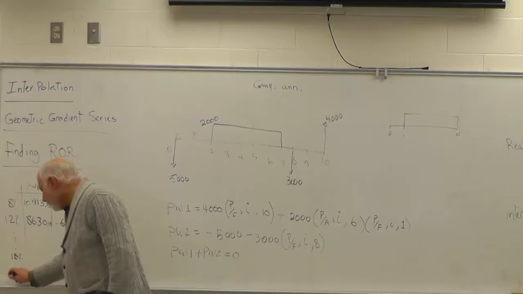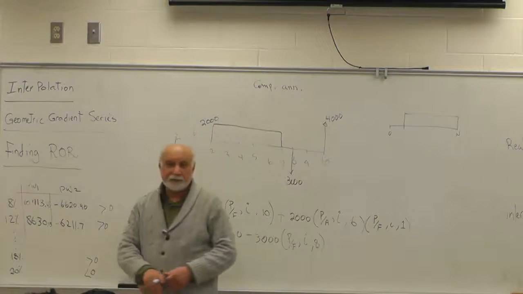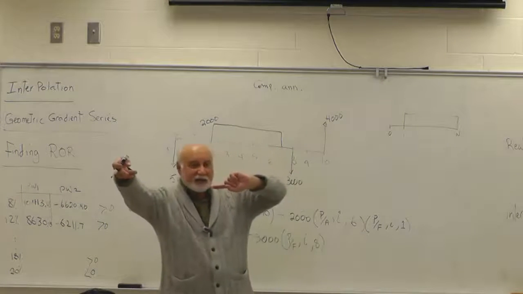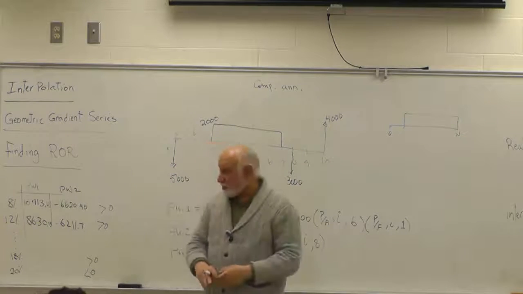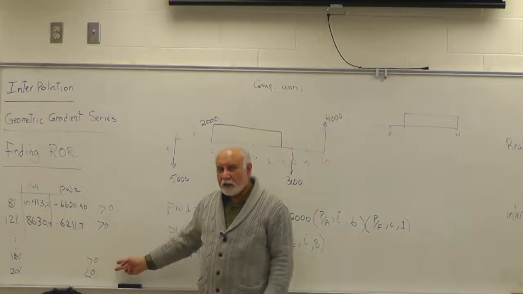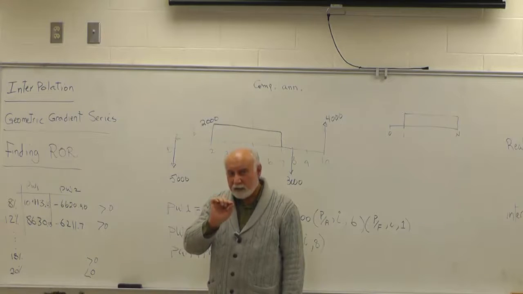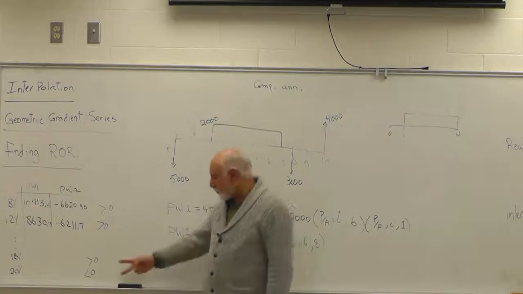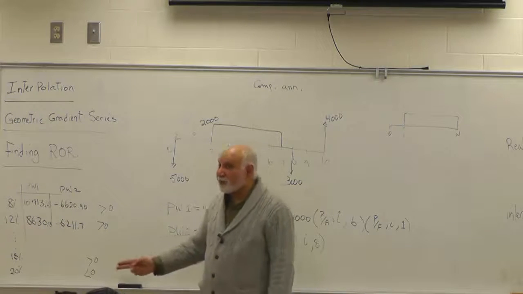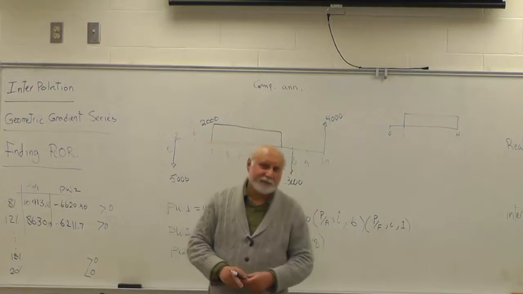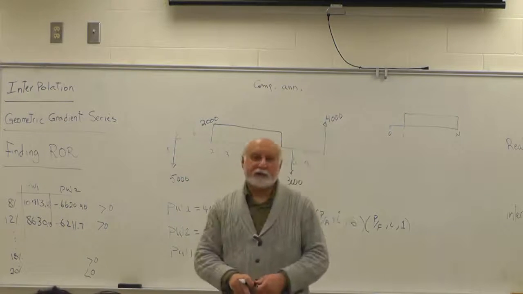At 20%, you check, and this total is negative, which means there is a change of the sign. At that point, you say the interest rate is between these two. How do you find an interest rate which is between these two? Interpolate. We just learned that. Interpolate.